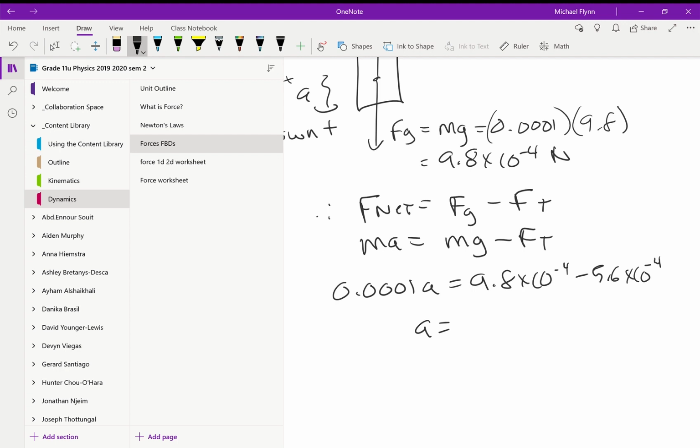Plug in all the numbers: 9.8 times 10 to the negative 4 minus 5.6 times 10 to the negative 4, divided by 0.0001. And I get 4.2 meters per second squared. And I got a positive number, which means it's down.